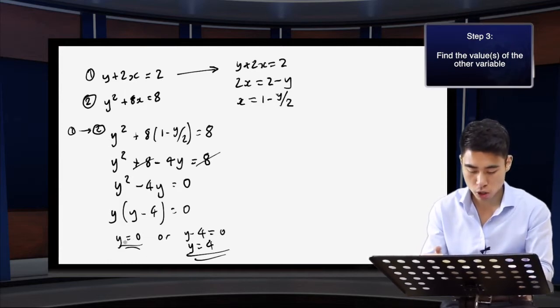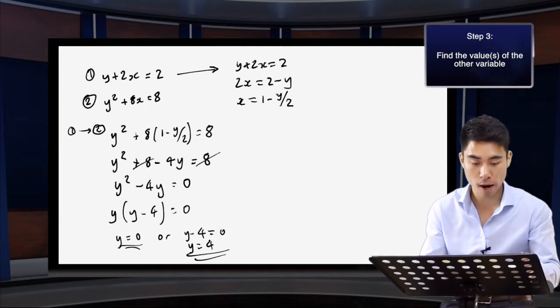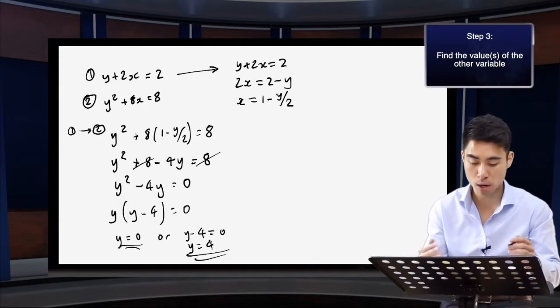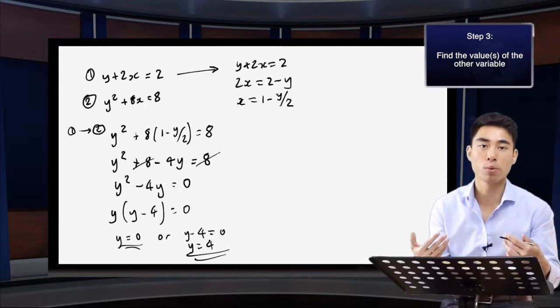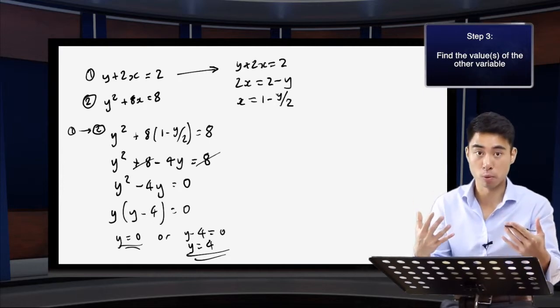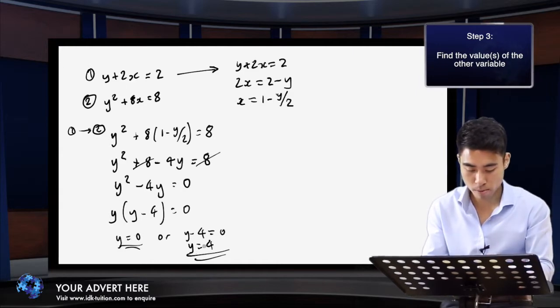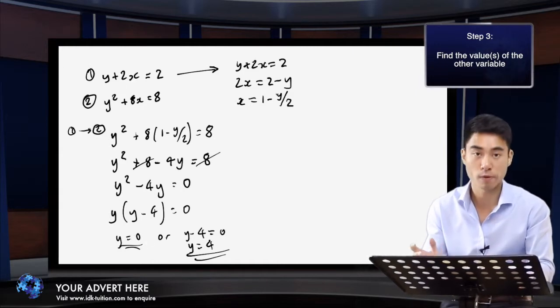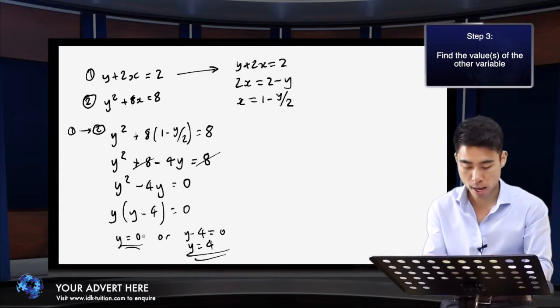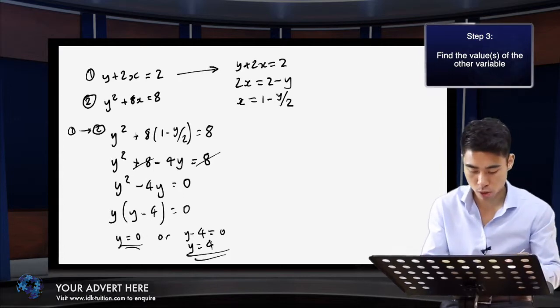We've found our solutions for one of the variables. We now need to find our solutions for the other variable. How do we do that? Exactly the same as when we're dealing with a system of linear equations where both of them were linear equations. All I'm going to do is substitute in the variables that we've obtained numerical values for in this step here, into one of my original equations.